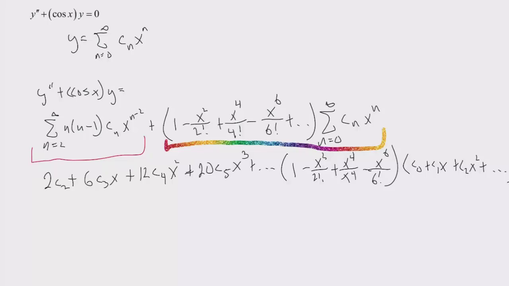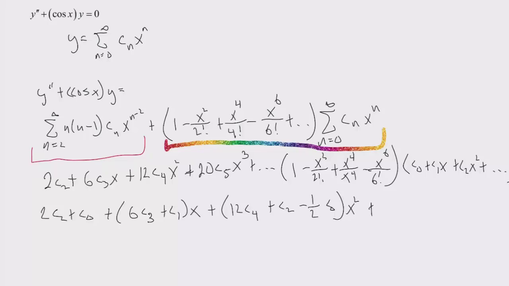Okay, so without any variables, I should have 2 c sub 2 plus c sub 0, and then with x's, I get 6c3 plus c1 x, plus, looking at the squared terms, 12c4 plus c2 minus 1/2 c0, that's all in terms of x squared, plus dot dot dot, and that's all equal to 0.